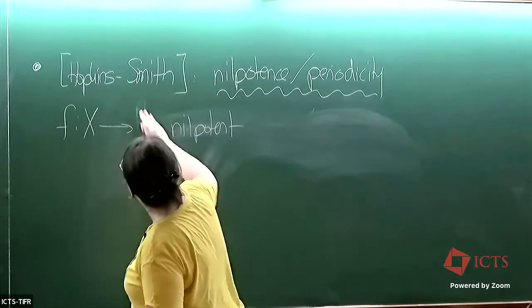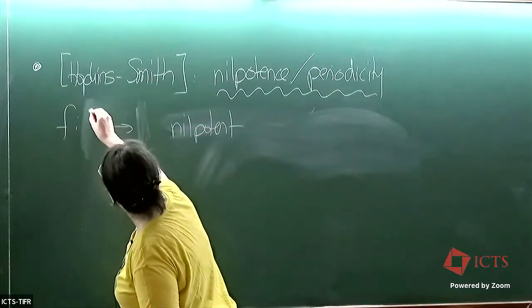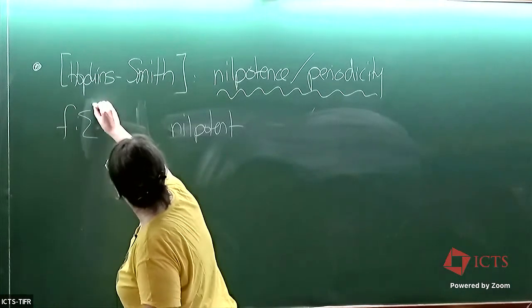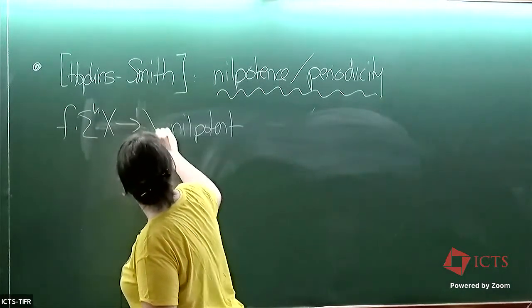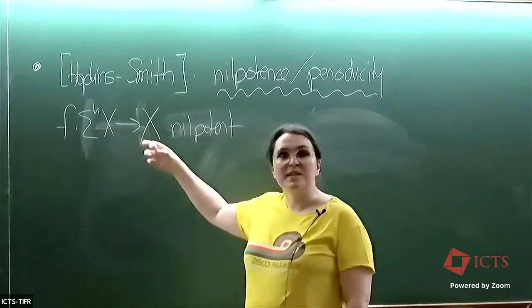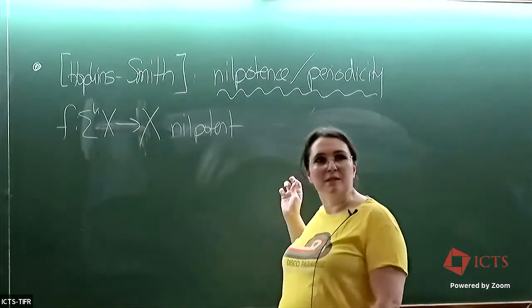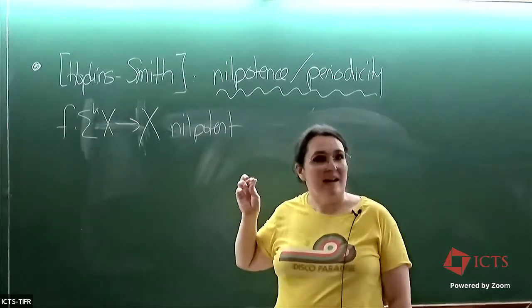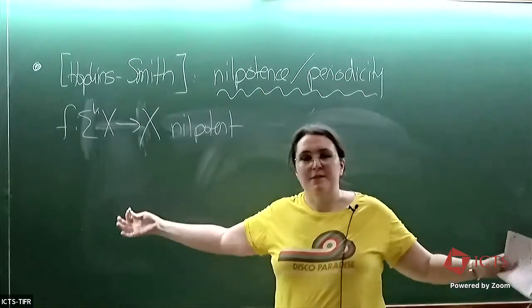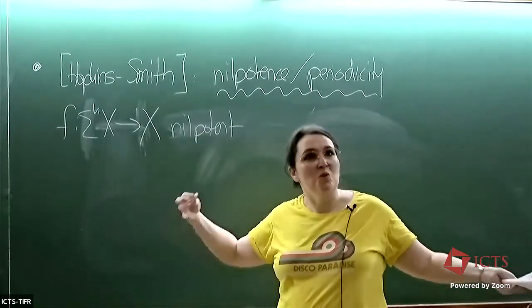It can only be nilpotent if it's a self map. So I can, of course, compose that map with itself forever and ever, and then ask myself, will that eventually be 0 or not?